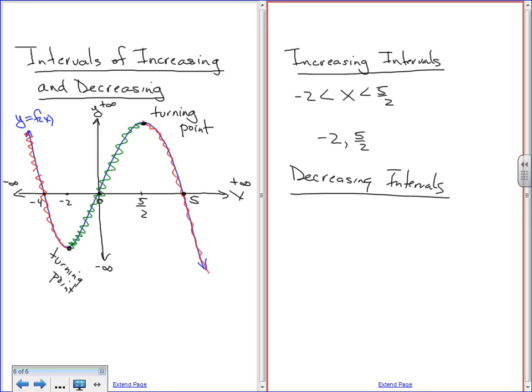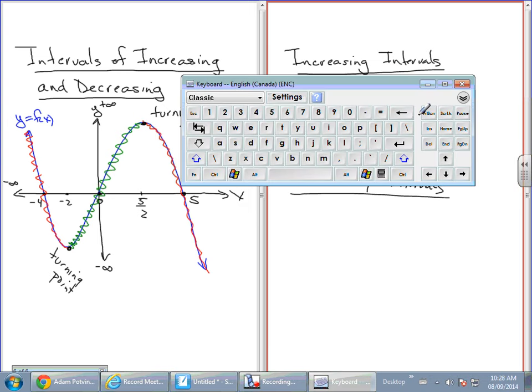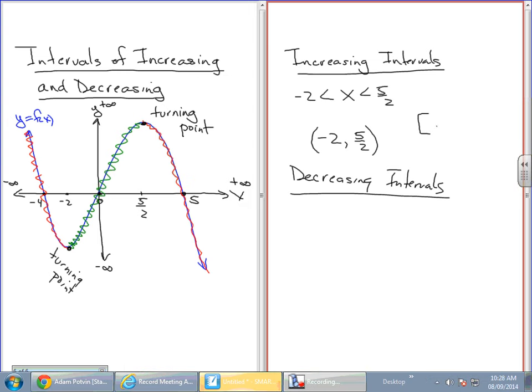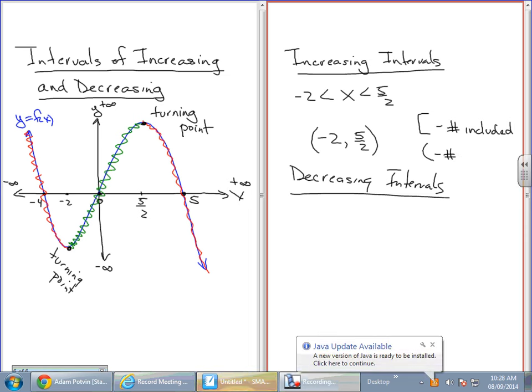So sometimes the end value is included, sometimes it isn't, right? In notation, if it's included, you put a square bracket. If it's not included, you put a round bracket. So I'm going to write that down here. Square bracket, numbers included. Round bracket, not included.